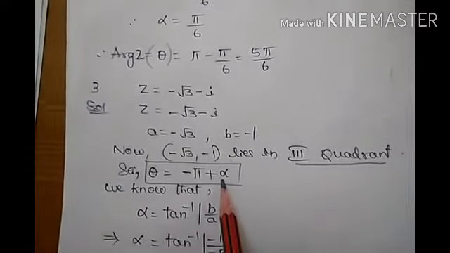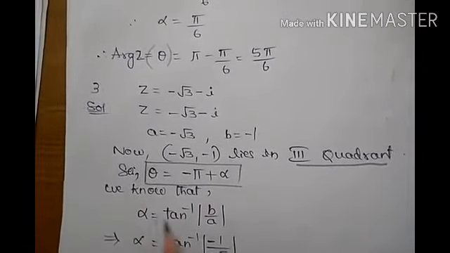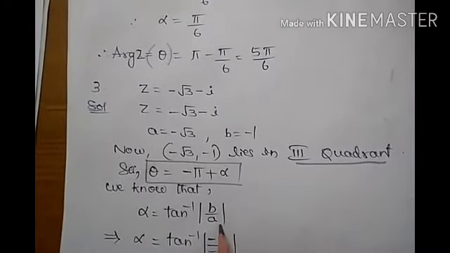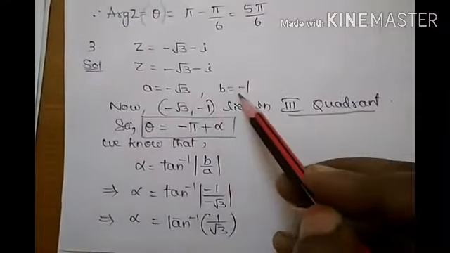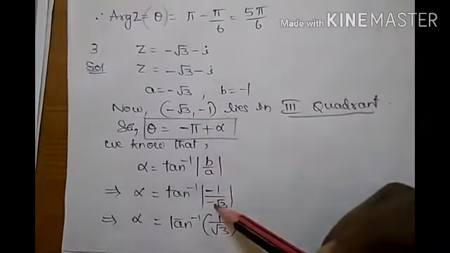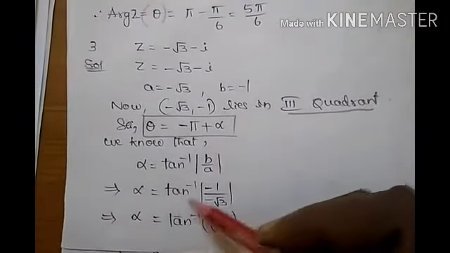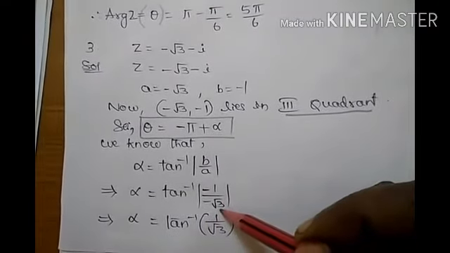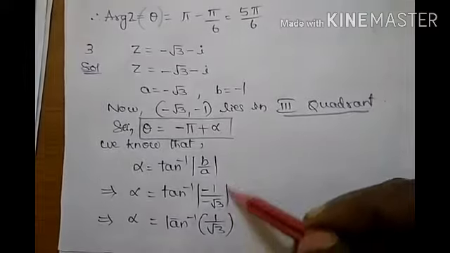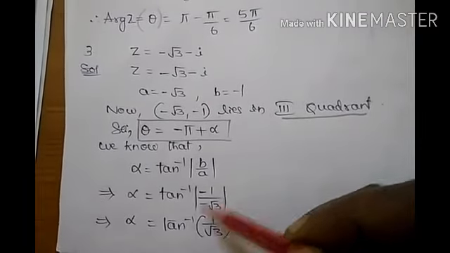First find the value of alpha. We know that alpha equal to tan inverse of modulus b by a. So alpha equal to tan inverse of modulus of minus 1 by minus root 3. Modulus makes the negative value into a positive value.